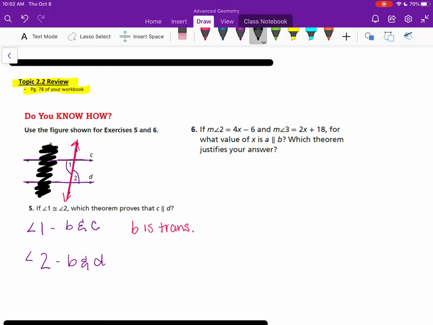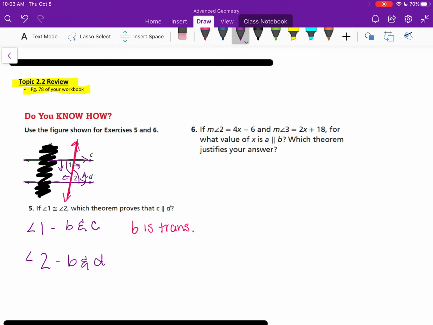And now we want to figure out how angle 1 and angle 2 are connected. If we look, they're both on the inside of the parallel lines, so they would be interior, and they're on opposite sides of the transversal. So these would be alternate interior angles. And the converse of the alternate interior angles theorem tells us that if alternate interior angles are congruent, then the lines are parallel.